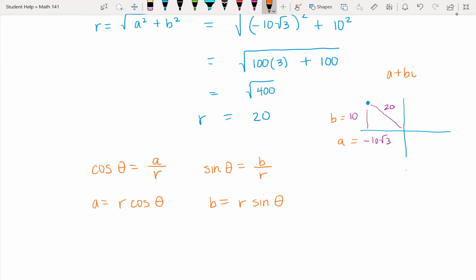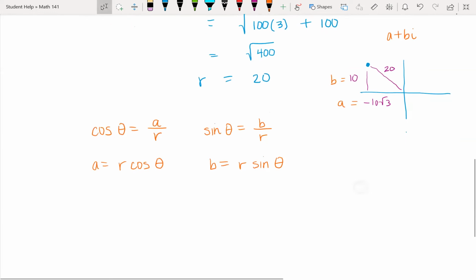So let's take what we have here, and we know that the cosine of the angle that we're looking for, the angle we're looking for is here, cosine of theta is going to be -10 root 3 over 20, which simplifies to negative square root of 3 over 2.